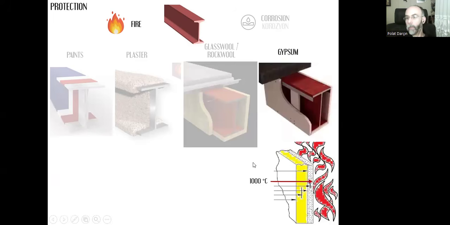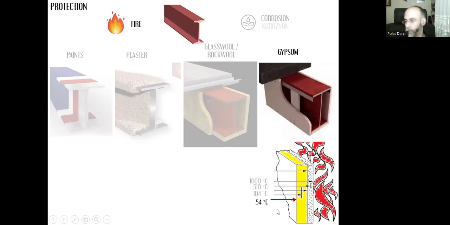And gypsum, again, is very fire resistant. It doesn't get burned. In case of the fire, a gypsum board, that part has 1,000 degrees Celsius. This layer inside the gypsum will drop down to half, and it's here 104 degrees Celsius.